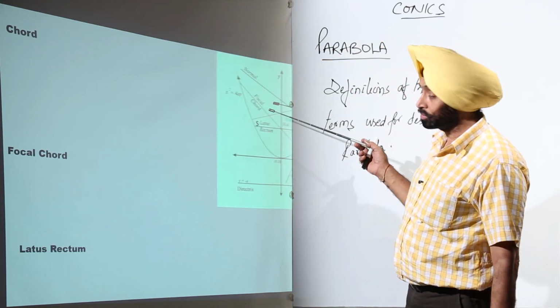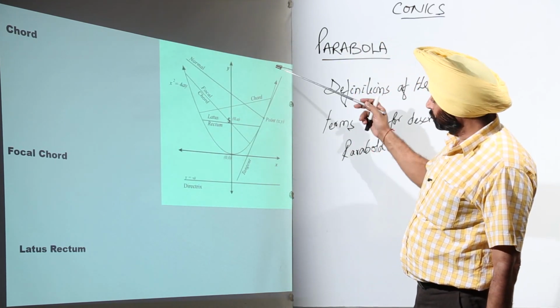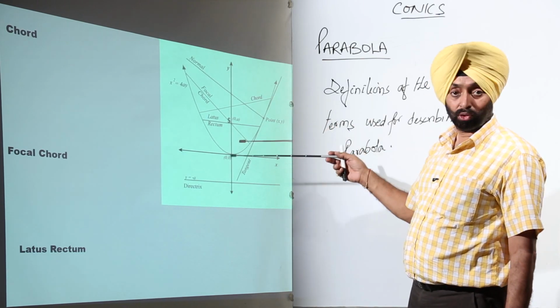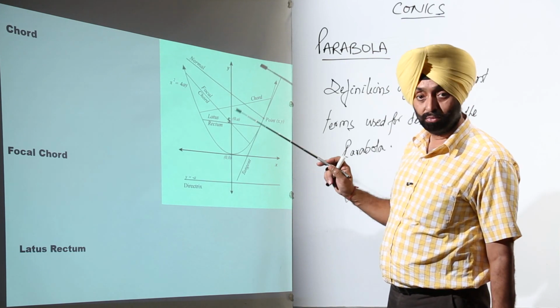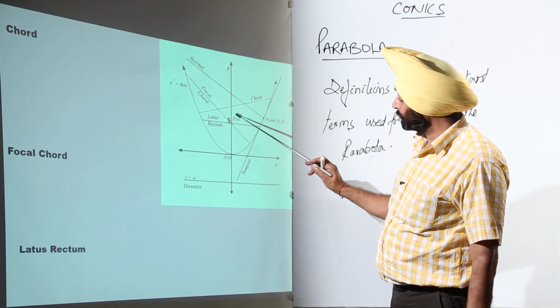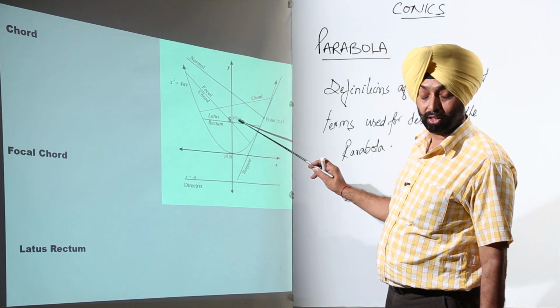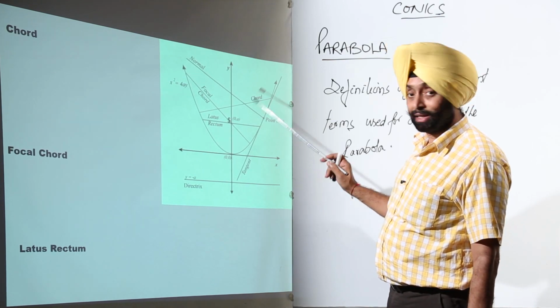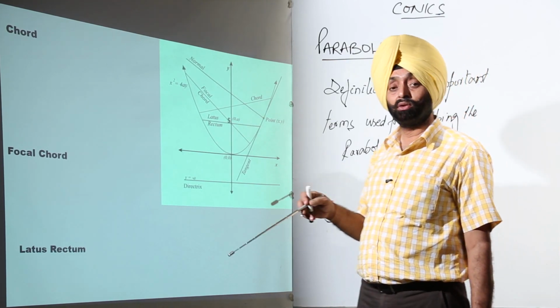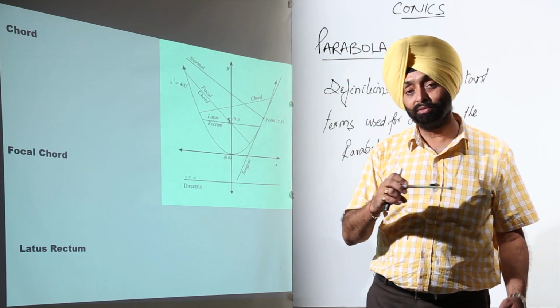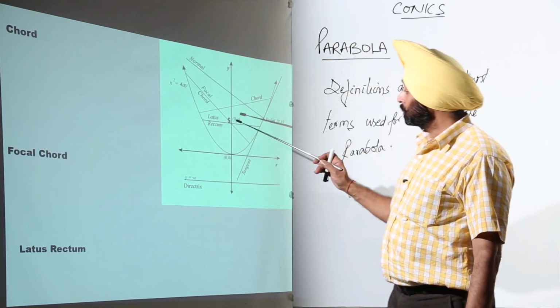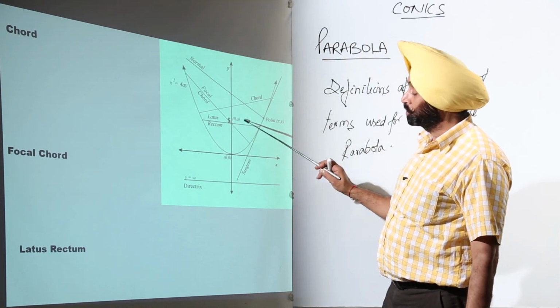So first let's go again to the parabola. Now just look here at how nicely I have drawn the figure. About this point S or F, we have already discussed that this point S is the focus of a parabola. Once again I am just repeating, normally we do not use F as the focus, but in many books it is used. So basically we go with S as the focus. I have mentioned here S with (0, a).